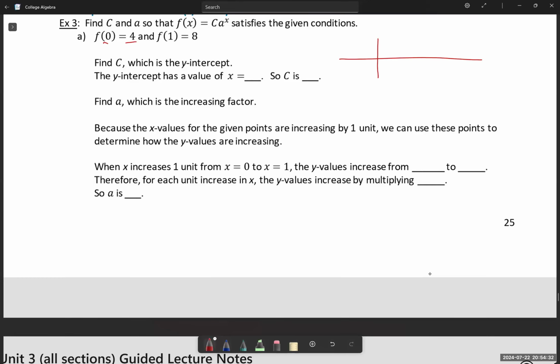So if we were to draw that on a table, that's our y-intercept. This is the beginning. At the very beginning of the graph, y is 4. That's our y-intercept. So that is our c value. So c is 4. Because the y-intercept is whenever x is 0.